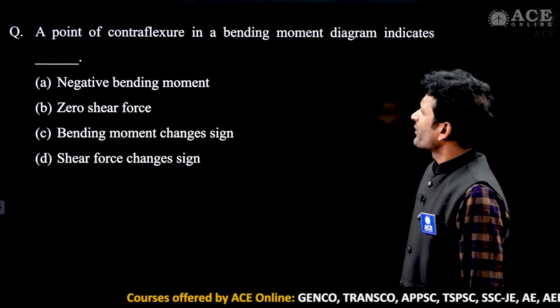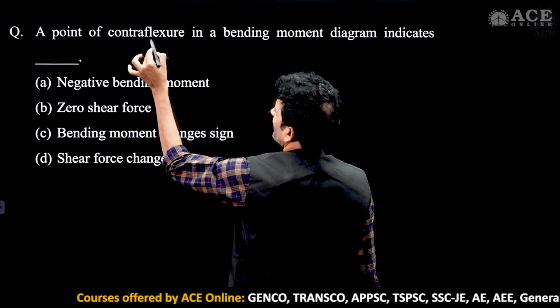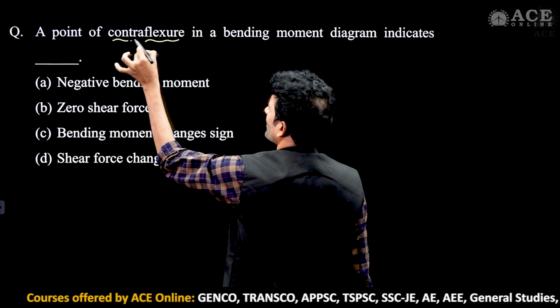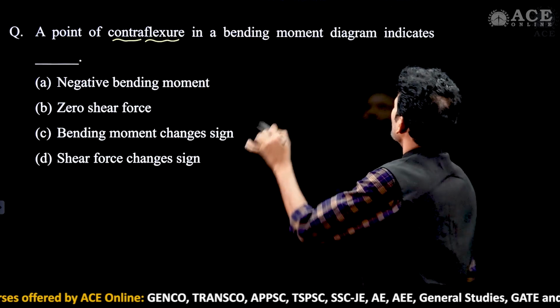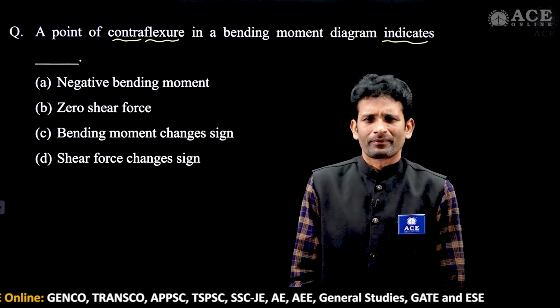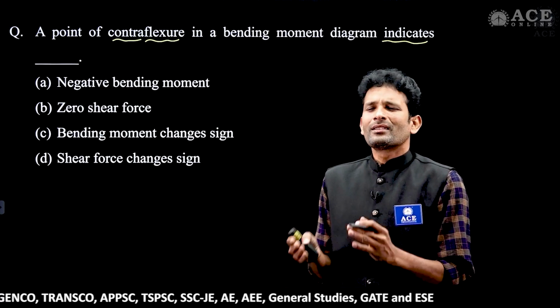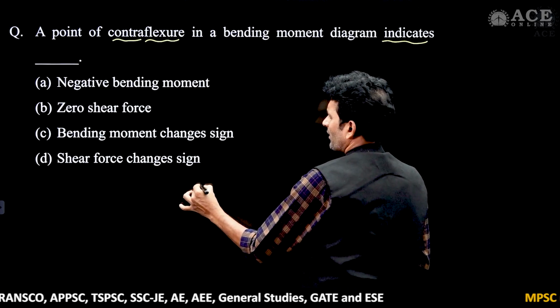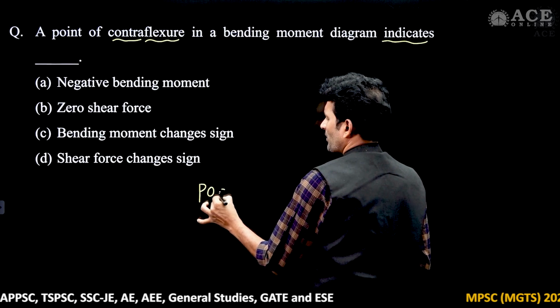A point of contraflexure: flexure means bending, contra means opposite. In a bending moment diagram, it indicates which one? So what is the definition of POC?